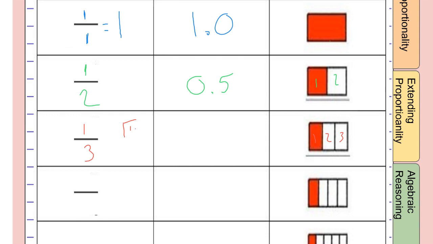So put our 1 on the inside, our 3 on the outside, and you would get, it's going to keep repeating. Okay, so it is 0.33, and we're going to put this line over the top here. That line over the top means that that 3 is repeating and that that 3 does not ever end. It keeps going and going. Okay, that's what that means.